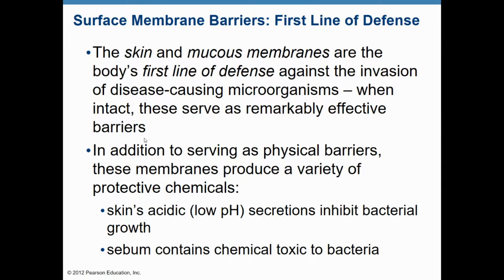In addition to serving as a physical barrier, these membranes also produce a variety of protective chemicals. The skin has a low pH, right? The sweat and the oils produced by the skin have a low pH, and so they inhibit bacterial growth. Sebum, which is the oil, also contains a chemical that is toxic to bacteria. So we're preventing the colonization of the skin by microorganisms.